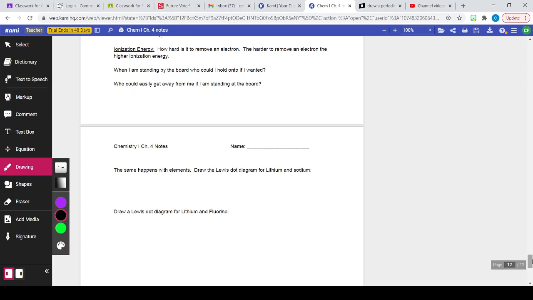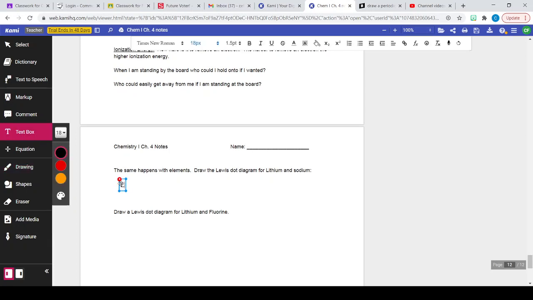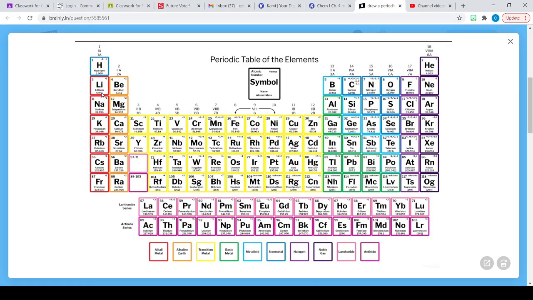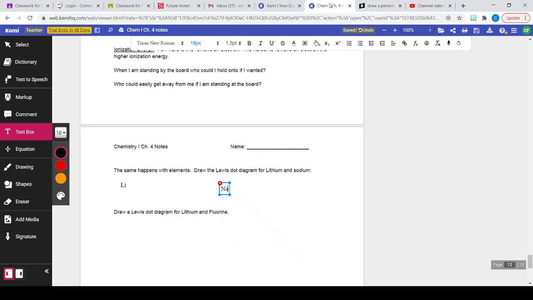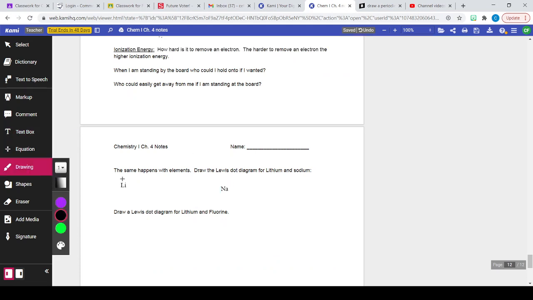Alright, so I'm going to draw the Lewis dot diagram for lithium and for sodium. So lithium is Li, sodium, Na. But if you look at lithium and sodium here, both have one valence electron. So I'm just going to do the one.